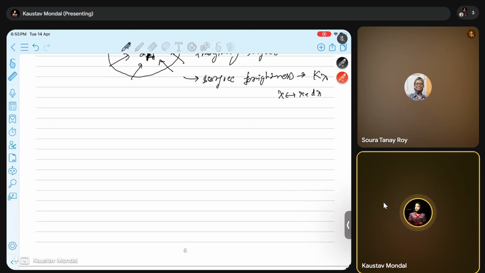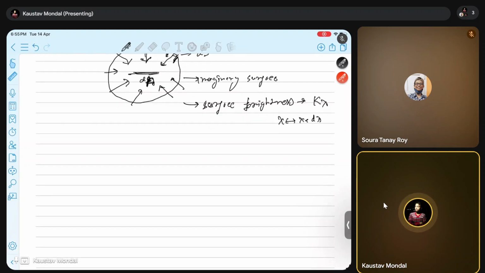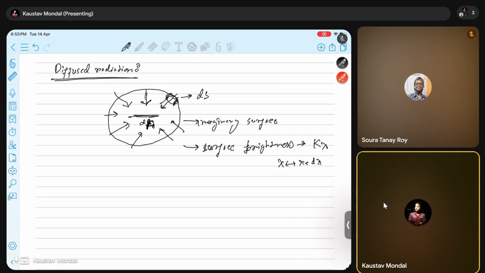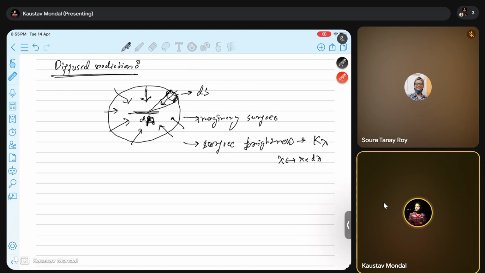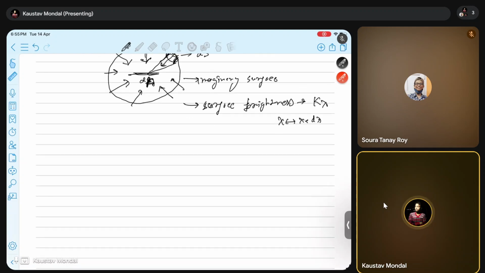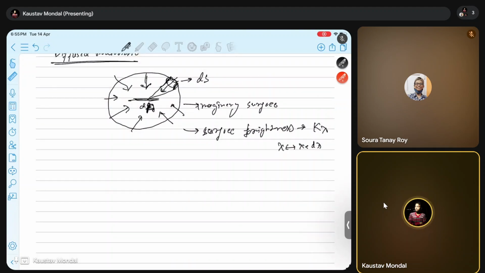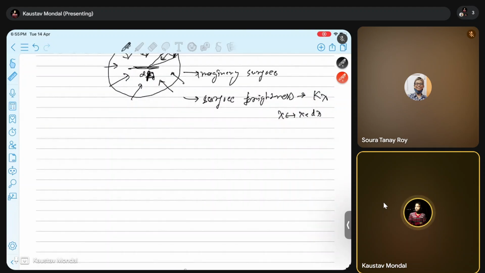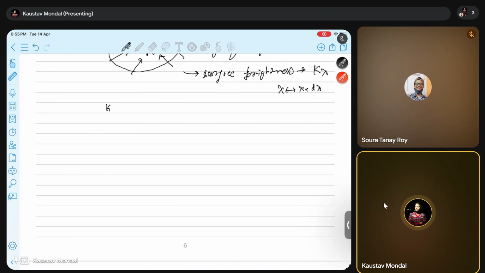Now, if you calculate the expression of this K lambda, it can be easily calculated. If you draw a kind of solid angle here from the place where we are considering the radiation for our calculation, then with K lambda as surface brightness, the radiation that comes through this solid angle and is incident onto the dA would be K lambda d lambda into d omega, right?